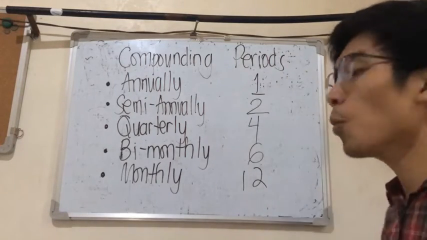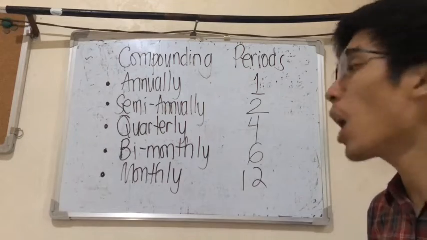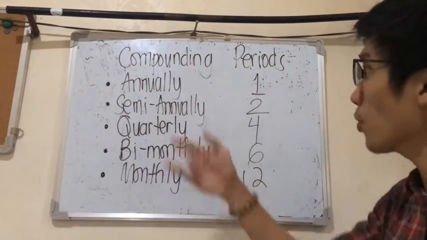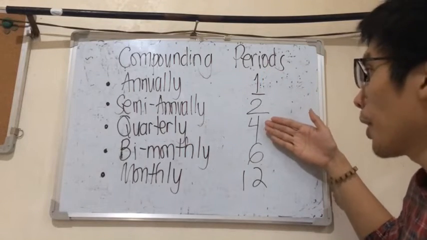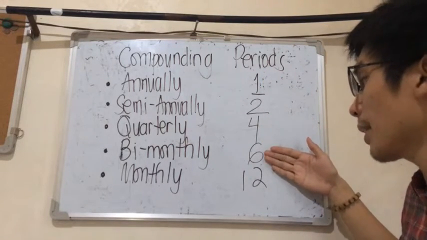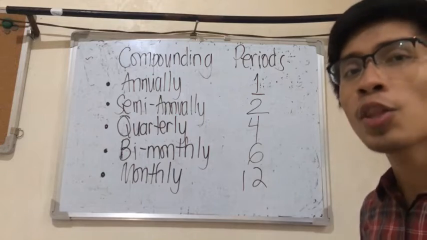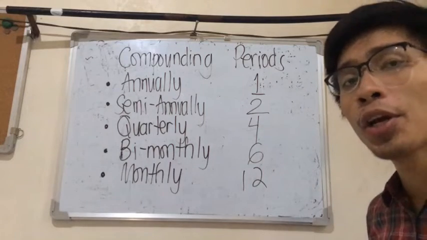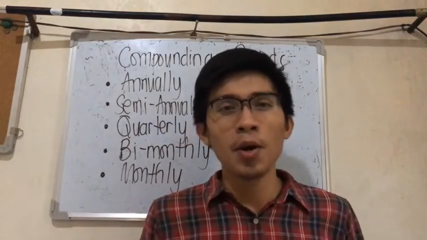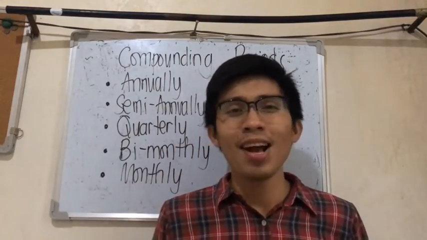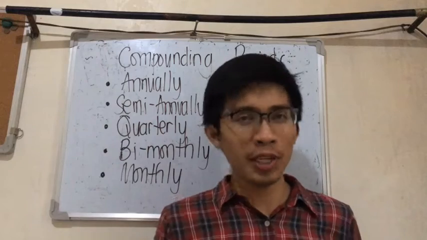So these are the numerical equivalents of our compounding periods. Annually 1, semi-annually 2, quarterly 4, bi-monthly 6, and monthly 12. This will help you identify later on how to solve compound interest problems. So, we are done identifying all these important characteristics.